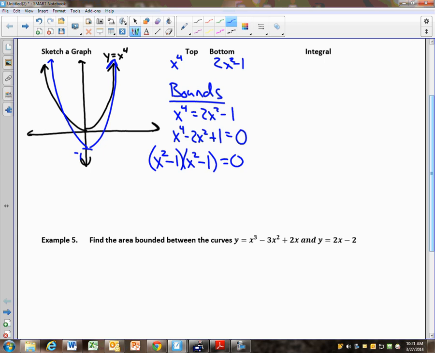Do those factor? Yep. X minus 1 times x plus 1 times x minus 1 times x plus 1 equals 0. So I have a double root at -1 and a double root at +1. Okay, horrible graph the way I drew it, but you get the idea, right? Thank you, Carol.